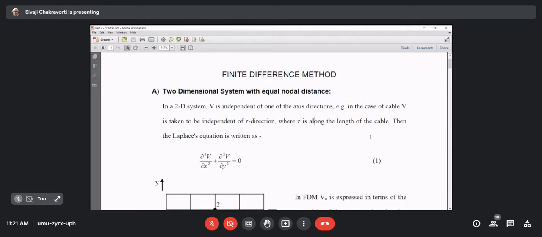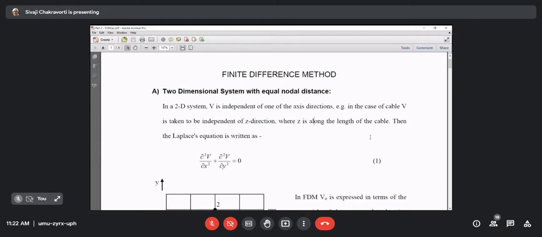Now if you remember that in our last class I told what are the different procedural steps in field computation. Step number one I explained is identification of the region of interest, that is where I want to know the field. Step number two is discretization of the region of interest and thereby creating the nodes where I am going to compute the field.